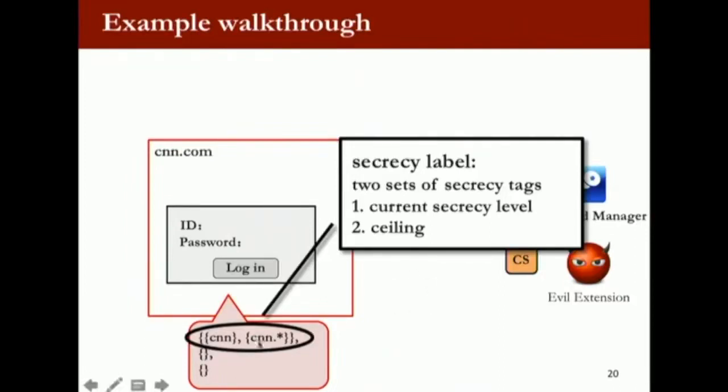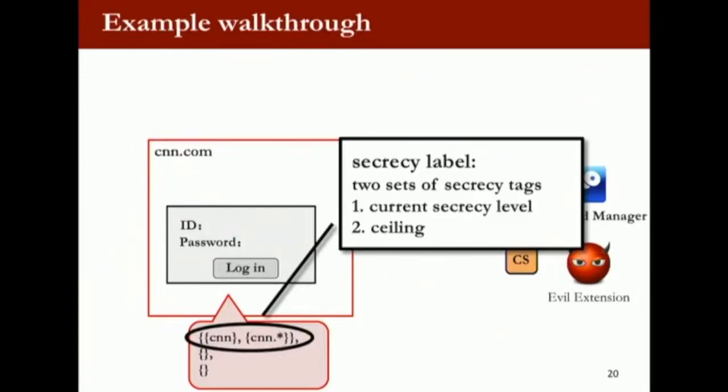The right part is what we call the ceiling. Because we allow the label to change when more secrets arrive, I want to put a cap on the maximum amount of secret an entity is allowed to receive. In the ceiling, we have some labels called compound labels. We use a dot notation. This says this secret belongs to CNN, but in addition, a different entity might have modified the secret.